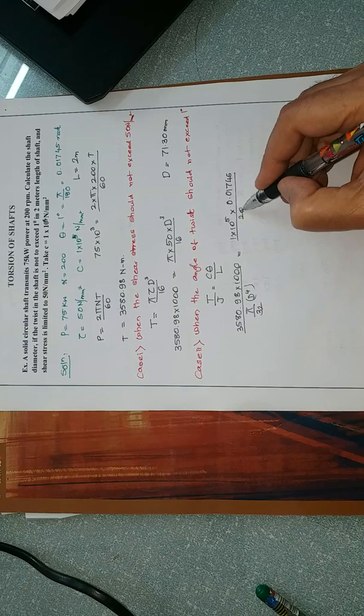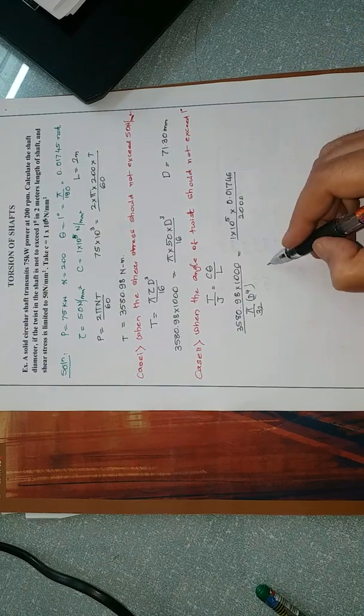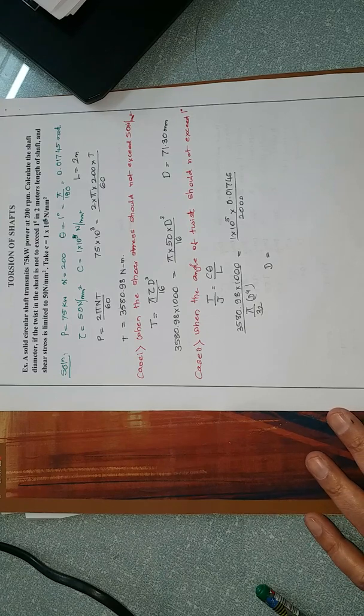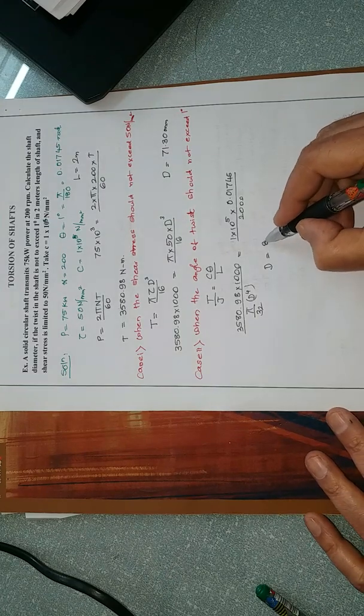So that is 2000 millimeters. So from this the value of D you are getting is 80.4 millimeters.